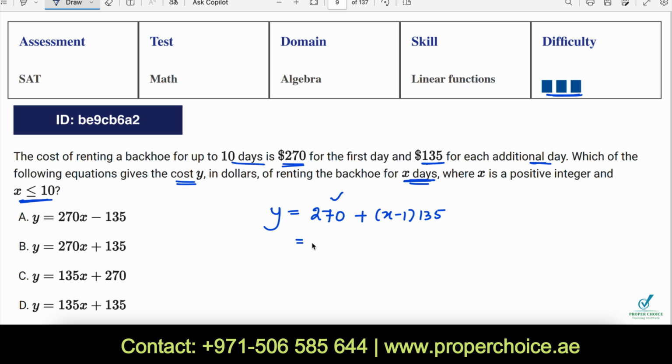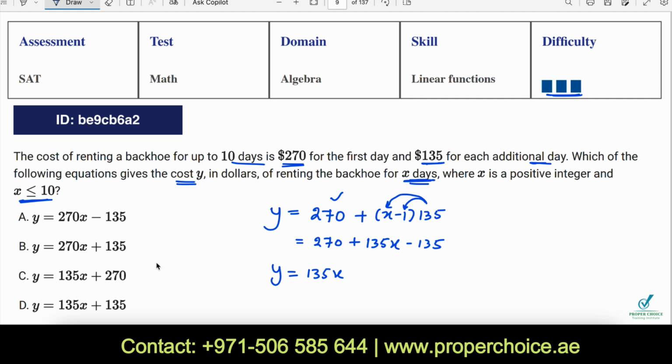If you simplify this, what is it going to be? 270 plus, distribute it carefully, x multiplied by 135 gives me 135x. 135 multiplied by -1 is going to be -135. So simplify it further. We always write the variable first, that is going to be 135x.